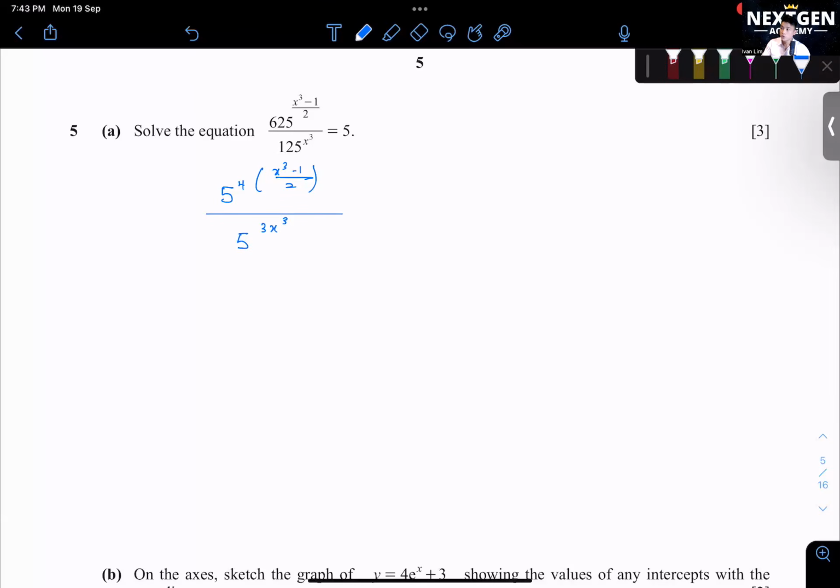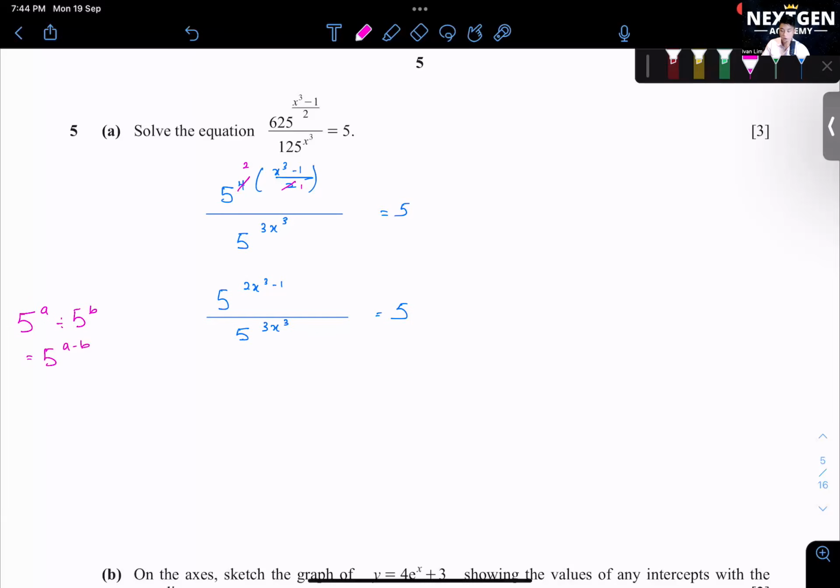Okay, open up the bracket. Over here actually I can put 2, then 1. Therefore, it will be 5 to the power of 2x cubed minus 1, over 5 to the power of 3x cubed, equals 5. Okay, we can use the law of indices, which is 5 to the power of a divided by 5 to the power of b is 5 to the power of a minus b.